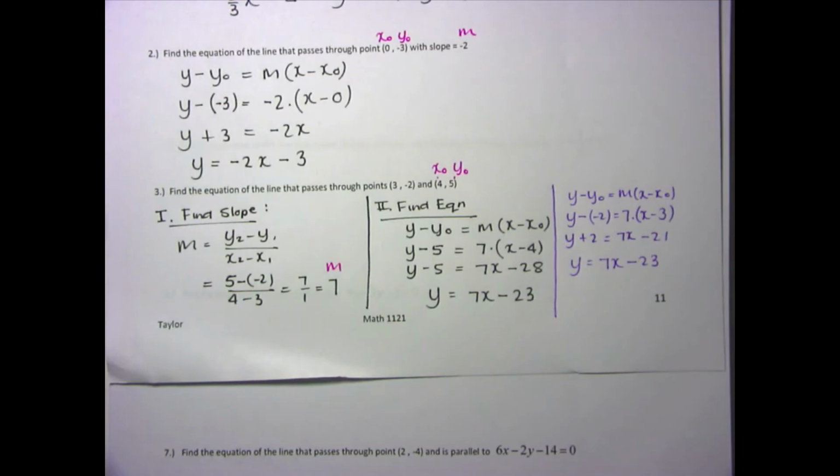And you're going to do it again with the other point, which gives a system of equations. Or what you can do is just find the slope the way we did it, and then use the slope-intercept form, plug in 1 point, and plug in the known slope, and that'll give you the value for b. And then you can go ahead and plug in b and m both back into the slope-intercept form.